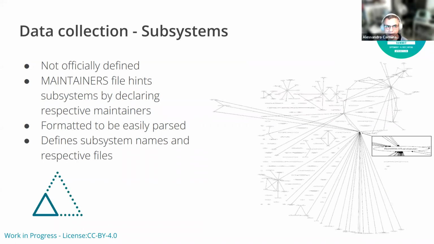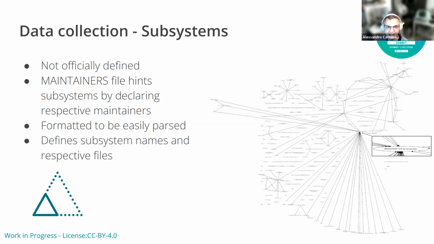Now we have reached the gathering of subsystems. Let's face a fact: there is no official definition of subsystem in the Linux kernel. Let's start by defining what a subsystem is in this context. The kernel community considers a subsystem as an entity within the MAINTAINERS file.